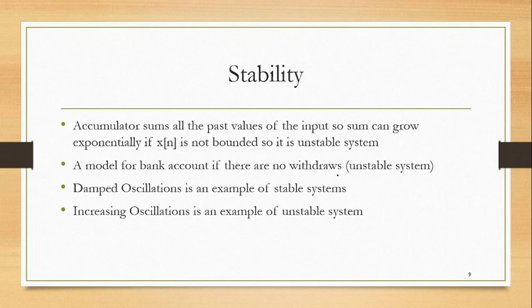It will grow beyond bound. There is no set limit for the bank account, so it can grow beyond limit. Damped oscillation, which is a decreasing oscillation, is an example of a stable system. Increasing oscillation is an example of an unstable system.